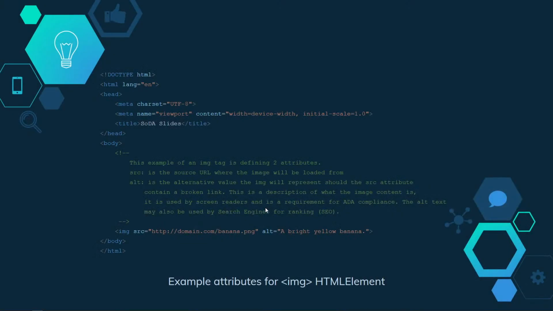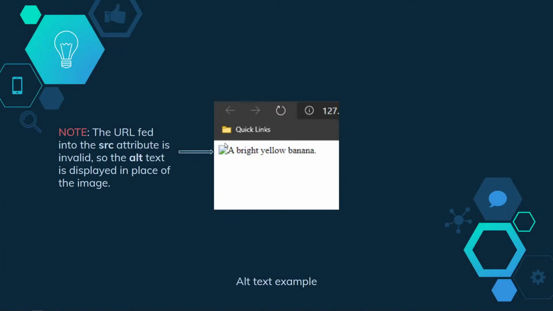So here's an example. If you look at the link here, this is a fake link. It says http domain.com/banana.png. This doesn't exist. So you'll notice that the image here is broken. The URL that we fed to the source attribute is invalid, so the alt text is displayed in place of the image. There you go. Depending on the browser will depend on the icon and behaviors, but usually this is what happens.